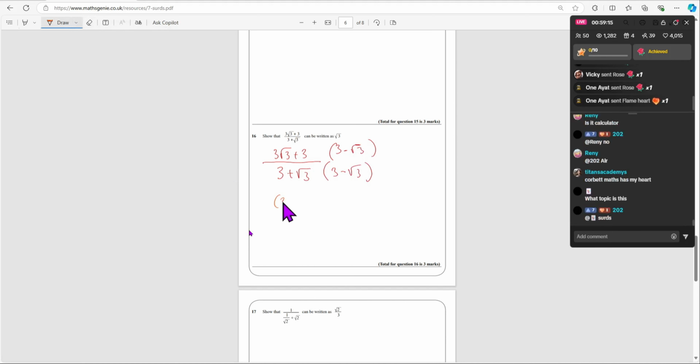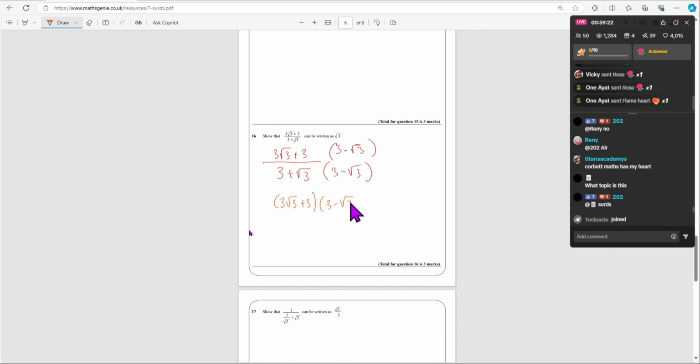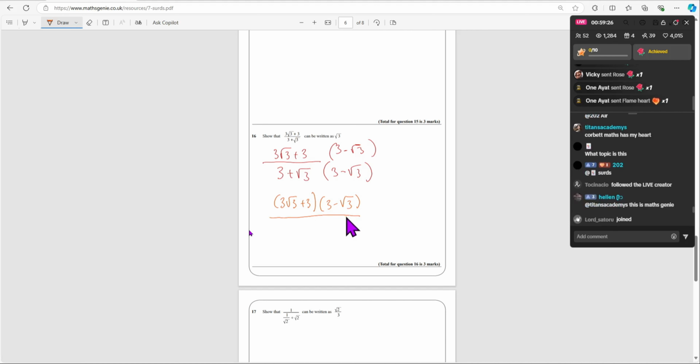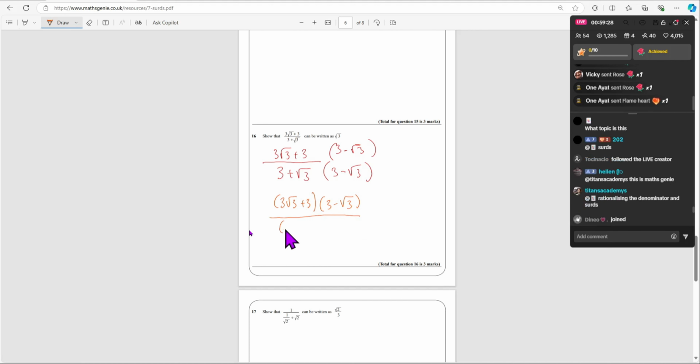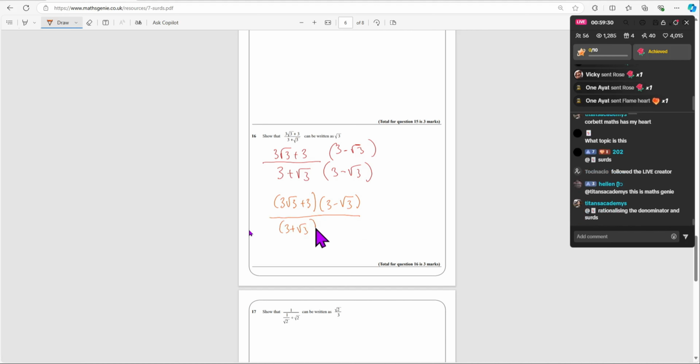So it's going to be 3 root 3 plus 3, then 3 minus root 3, over 3 plus root 3, then 3 minus root 3.